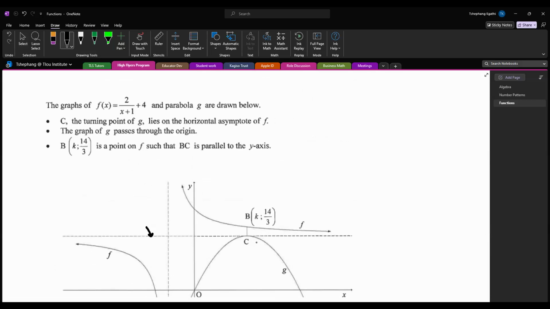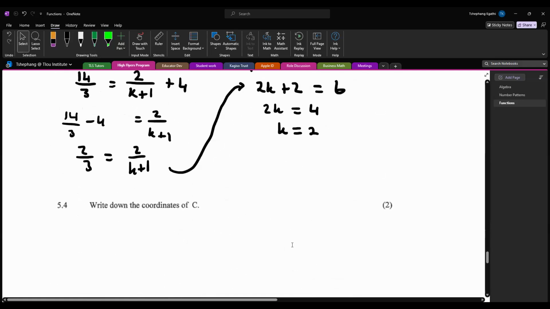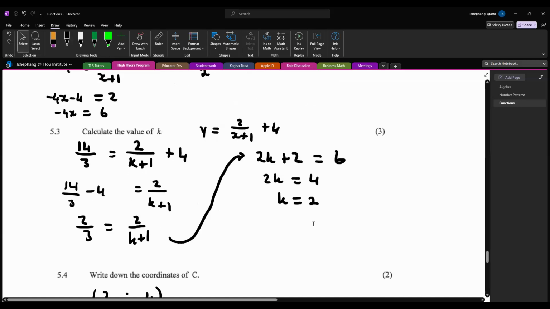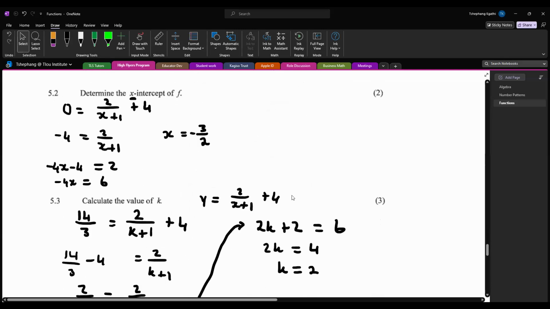So we can easily tell what the coordinates of C are. We found K to be 2. So the coordinates of C are going to be positive 2 and 4. Why is it 4? Because of the asymptote. That's how we quickly find those C coordinates.